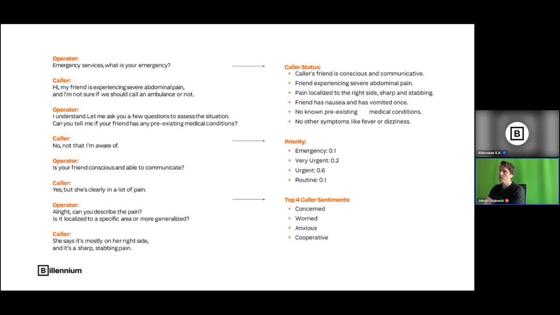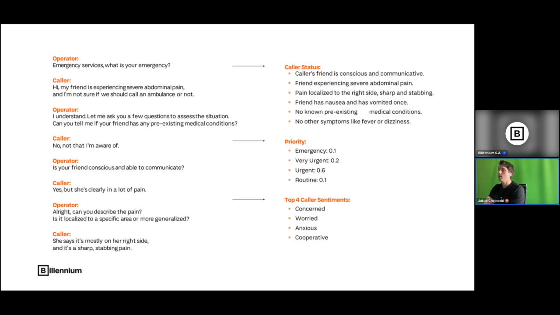So given the voice recording and the text, it creates a diagram of sentiments over time and chooses what are the top-rated sentiments. We can see that, for instance, here, the top 4 caller sentiments were concerned, worried, anxious, and cooperative, right? And given that, the system is able to make a priority.